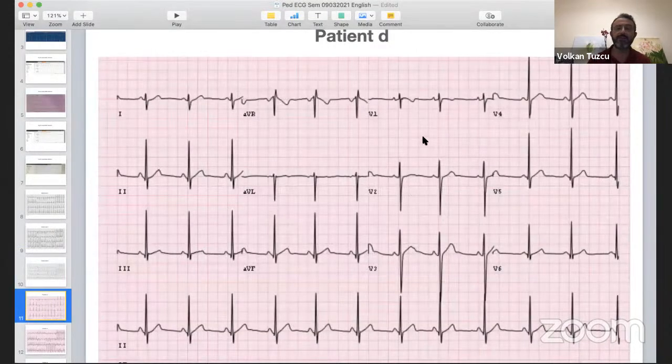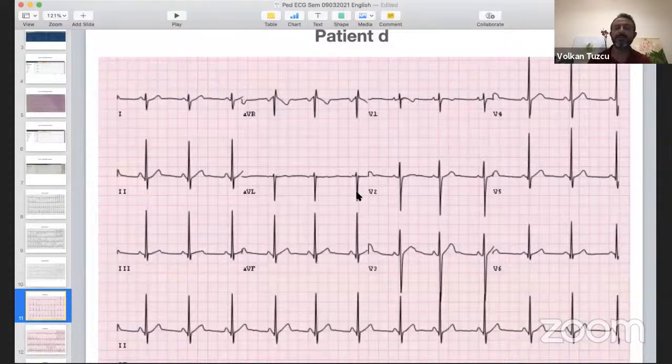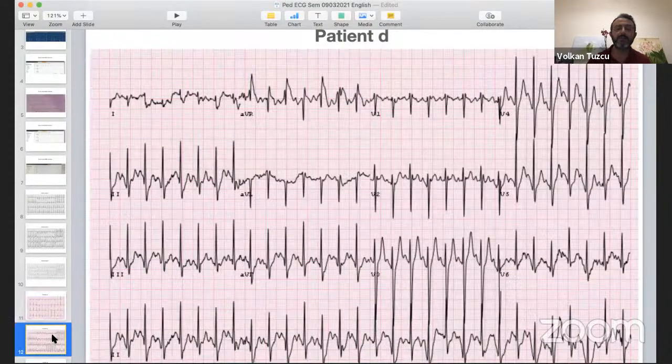Let's switch to another patient. Okay, this is patient D. Let me see. Okay, looks like this will be a stress test also. All right, anything catching your eye? I guess sinus rhythm, right? All right, let's see next strip.